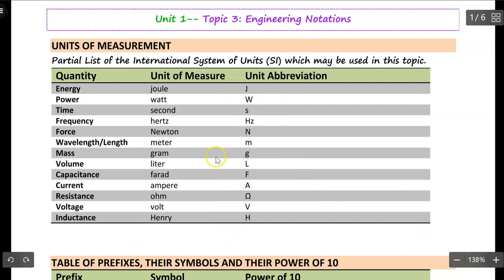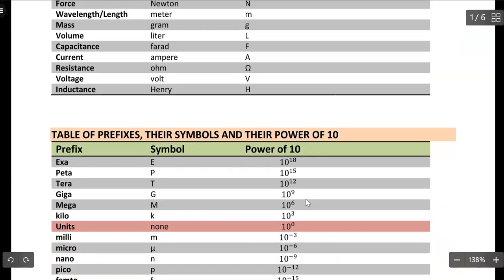Okay, let's say I want to represent something in megameters. Now let's go to mega. Here mega is a capital letter M. So capital letter M attached to meter will be capital letter M with a lowercase m. So now we recognize that capital M is the prefix and the smaller m is for meters.